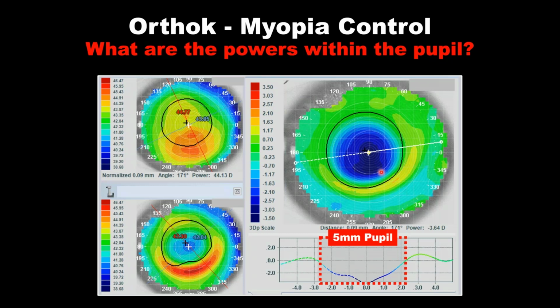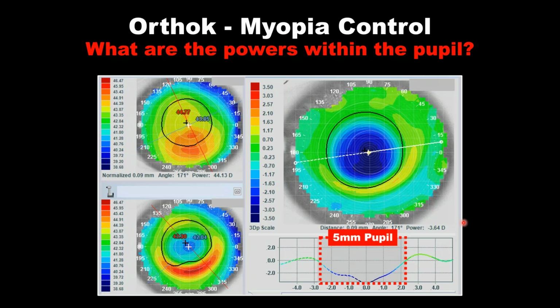This is the ideal ortho-K outcome, where the blue treatment zone is well centered to the pupil. When we click our cursor right on center, this patient had a 3.64 diopters myopic reduction. If this is a 3 1/4, 3 diopter myope, 3.5 diopter myope, they're super happy with their vision right now.